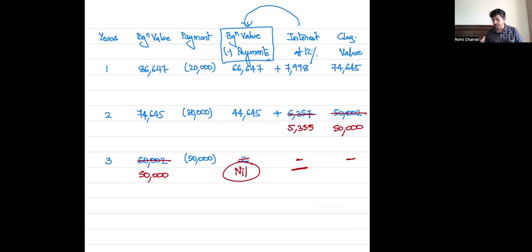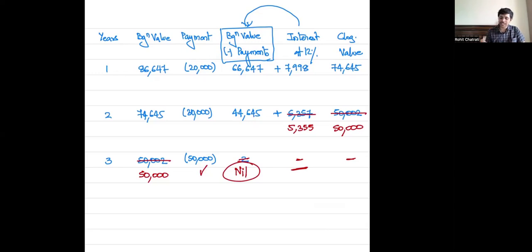As soon as I make the payment of 50,000, the lease liability becomes 0, and since it is 0 at the beginning of year 3 itself, I do not have any interest to recognize in year 3. Interest is only going to be there in year 1 and year 2.